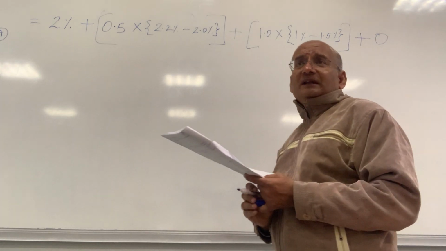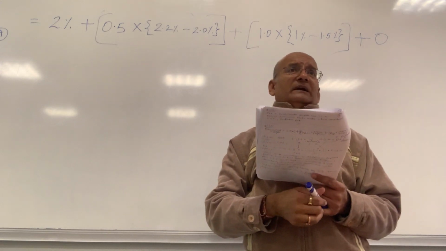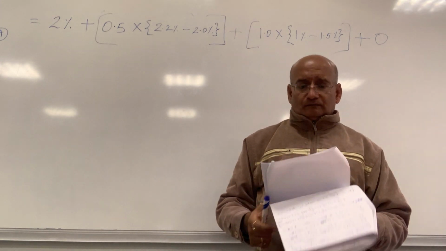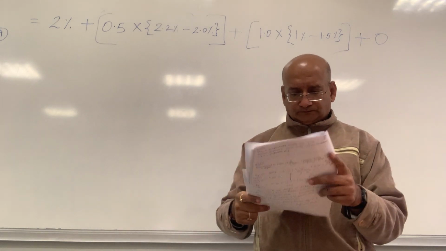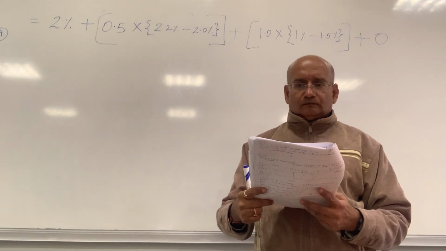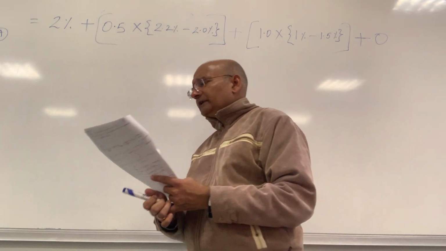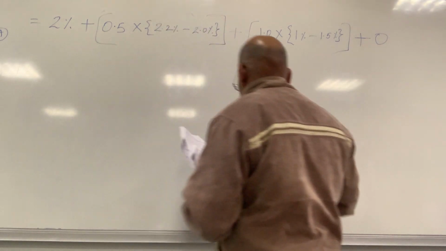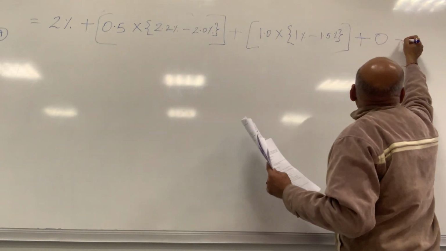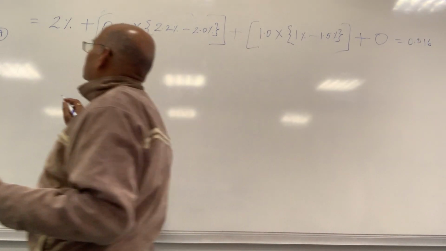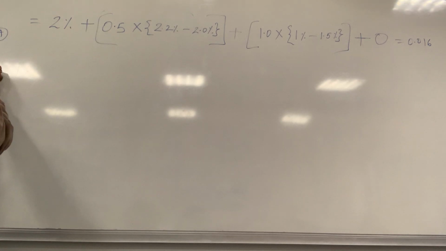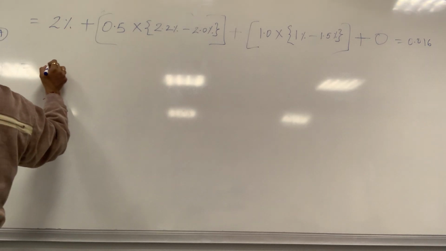Error term is not given in the question, so just assume it is 0. So once you solve it, you will have an answer here, 0.016. Don't waste your time in calculation.